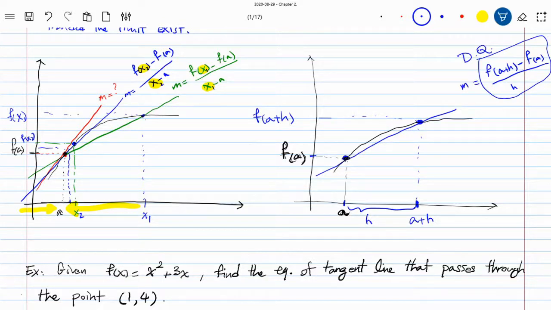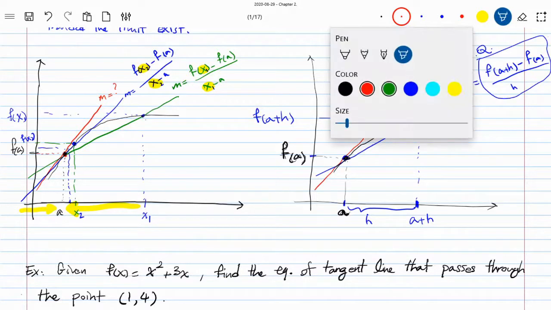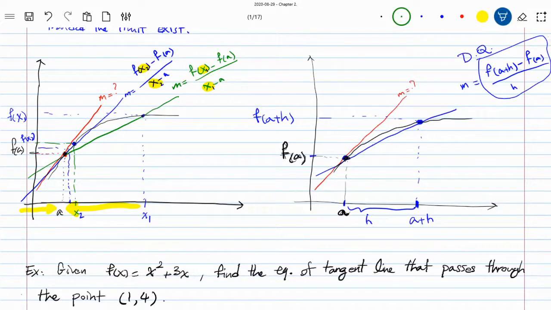Now, similar to the last part, when we let x get close to a, what we can do in this case, if I want to figure out the slope of the tangent line, is let h be smaller. Instead of being such a large number, I can pick h to be this small. So this point would be a plus the new h, which would be closer in terms of the curve.